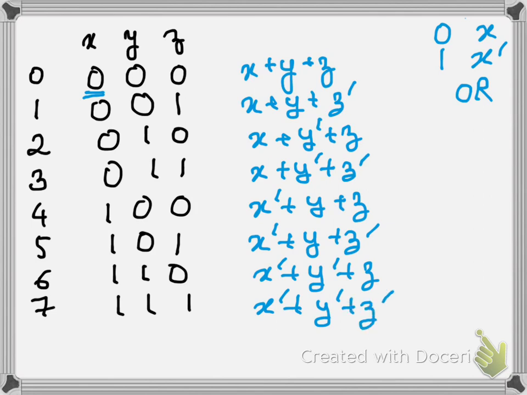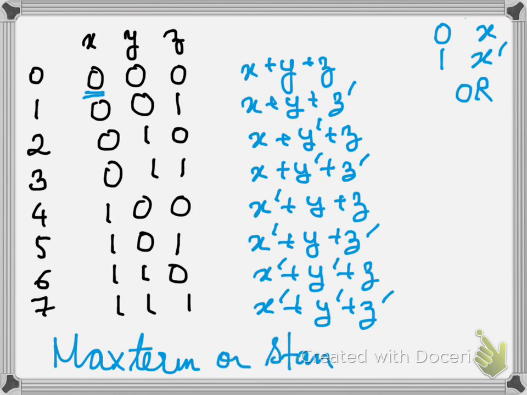So now we have got the combination by combining the three variables using the OR operator. And each of these is called a max term, or this is also known as standard sum. It is known as the standard sum because you can think of it like a sum of x, y, and z.